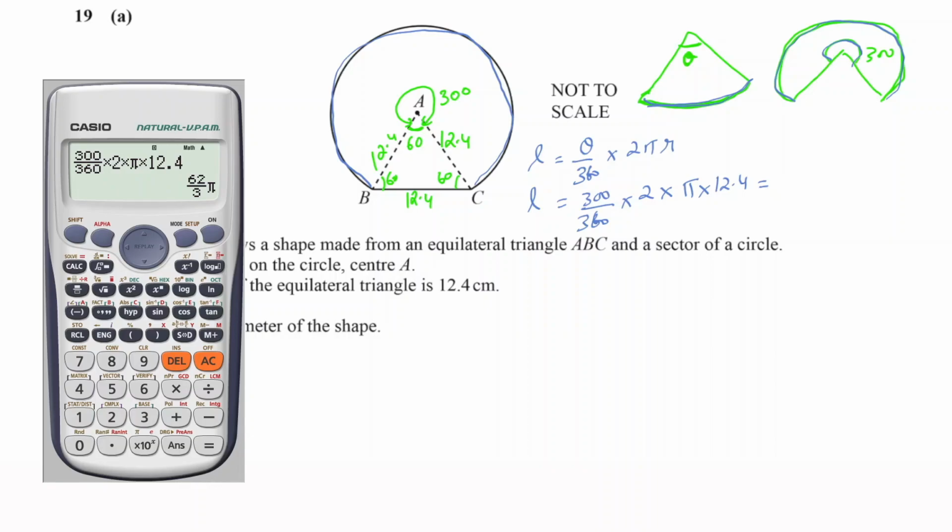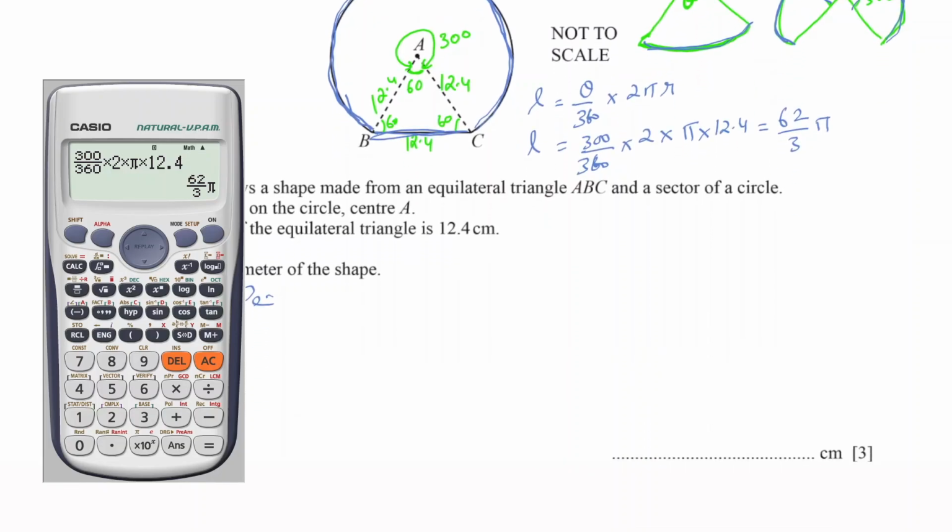Let us write the answer in pi itself, that's not a problem. 62 by 3 pi is the length of this one. We got the arc length. So we need to add this 12.4 length also, and that will be the total. So the perimeter equals 62 by 3 pi plus 12.4.